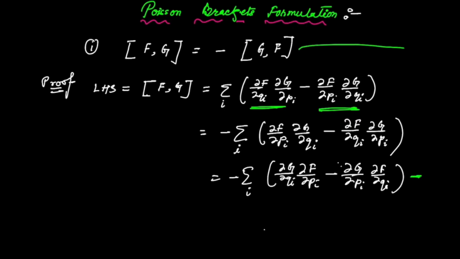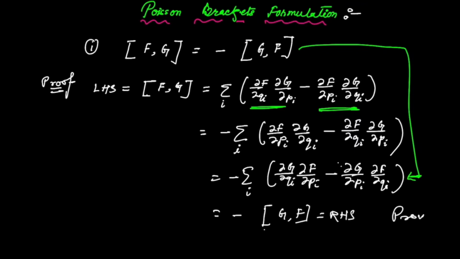This is nothing but the expansion of the right hand side, so we can write this as minus the Poisson bracket of g and f. So this is the right hand side. Hence proved.